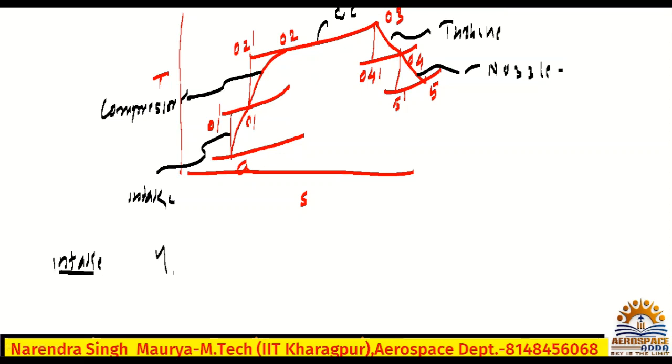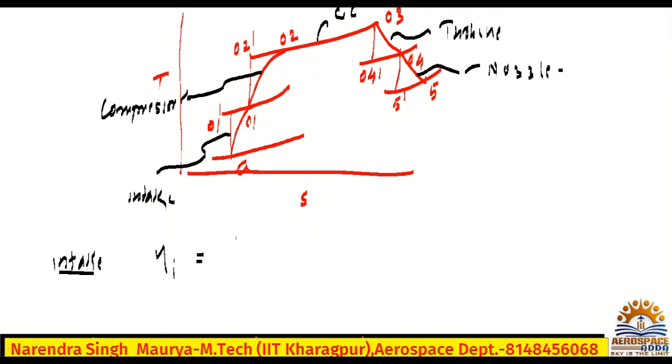so intake efficiency is what? Eta I. Isentropic means you are talking about the temperature, the enthalpy, the temperature. Intake itself is a diffuser, it is like a compressor because it is increasing the pressure and temperature.